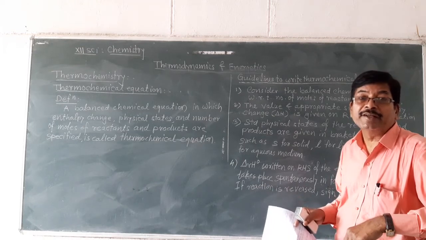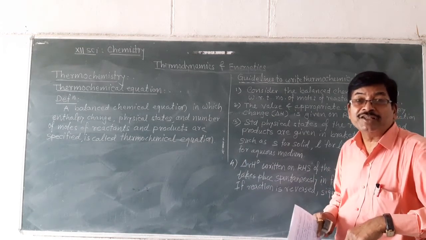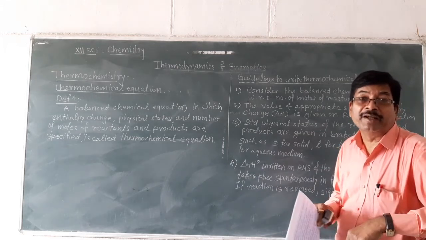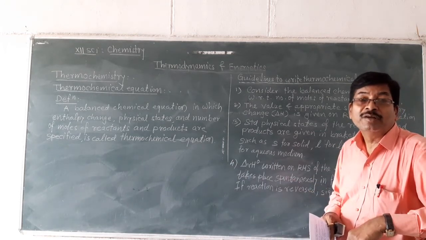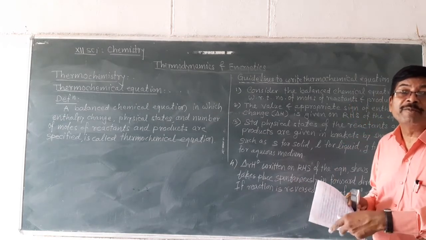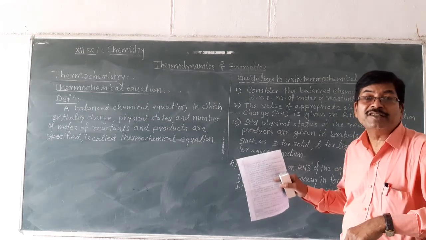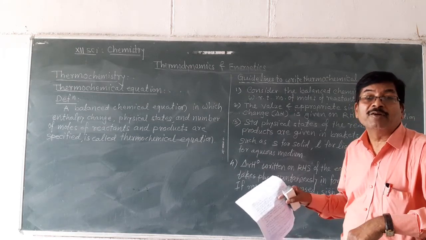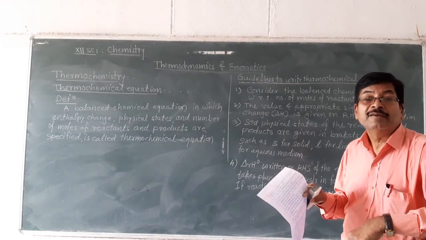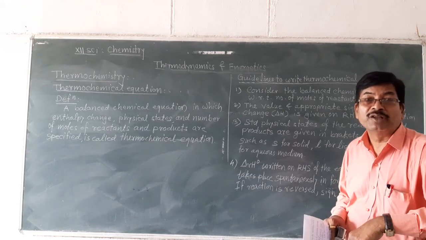If previous sign is positive for endothermic reaction, if reaction is reversed, it becomes exothermic and sign of delta H becomes negative. In case of exothermic reaction, previous sign of enthalpy is negative. If you reverse this reaction, it becomes endothermic and sign of delta H becomes positive.